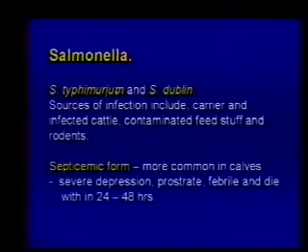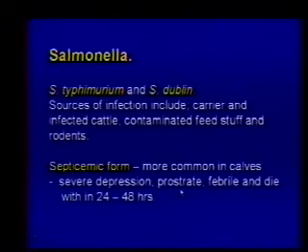Salmonella, Salmonella typhimurium, and Dublin. Sources of infection include carrier and infected cattle, contaminated feedstuff, and rodents. Feed that gets wet and is contaminated with manure. Remember that there's a septicemic form, and it's more common in calves.